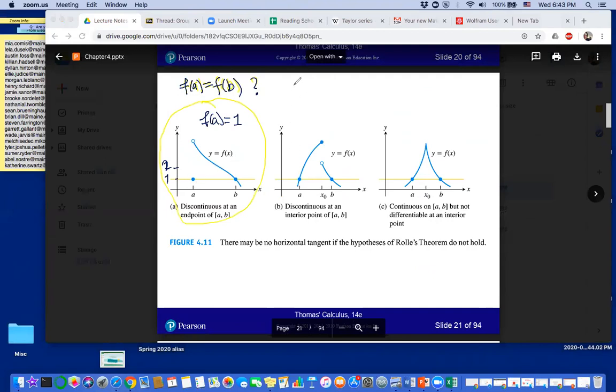Is it true that f prime of x exists for all x between a and b? Not at the boundaries, but on the interior. Is it true? True or not?